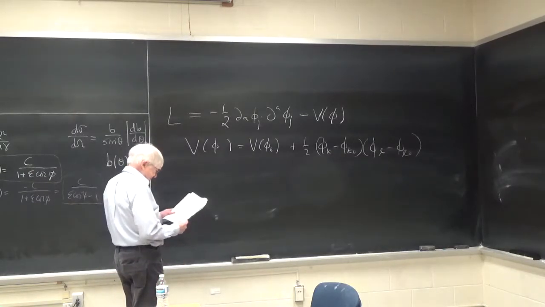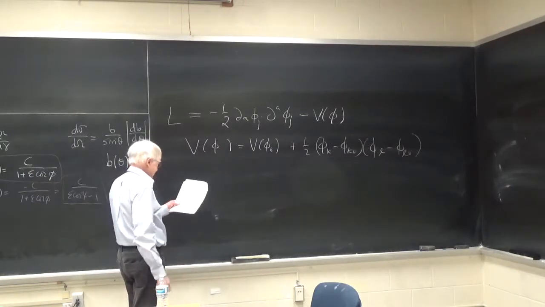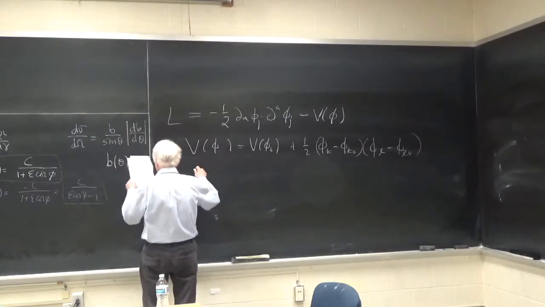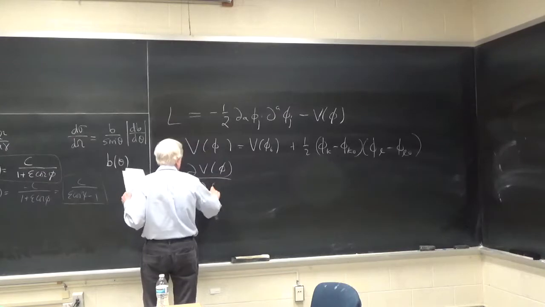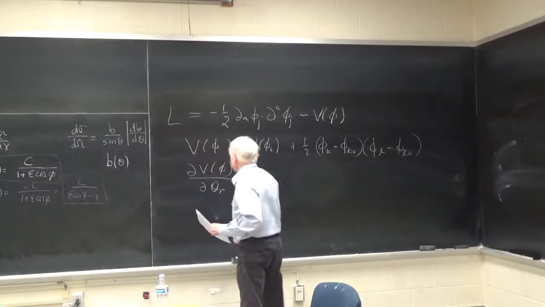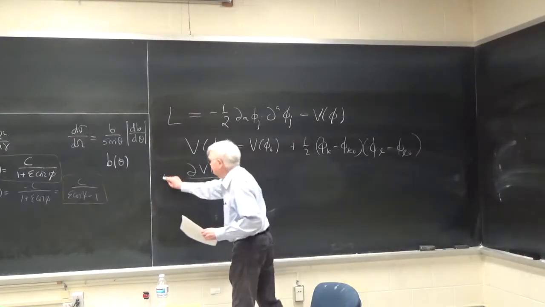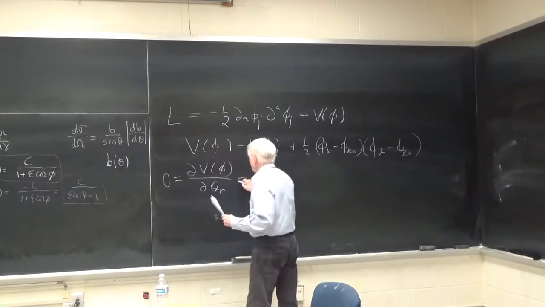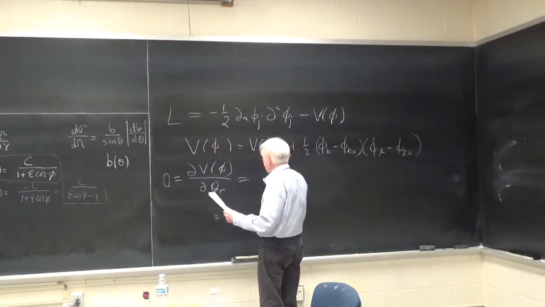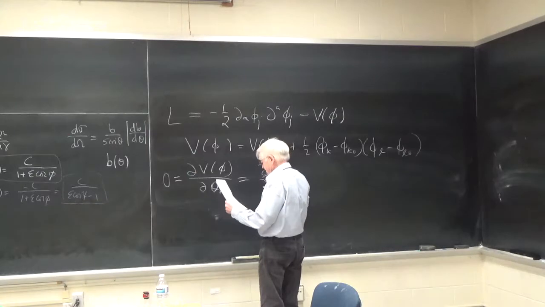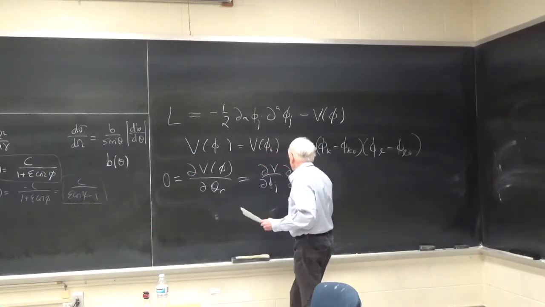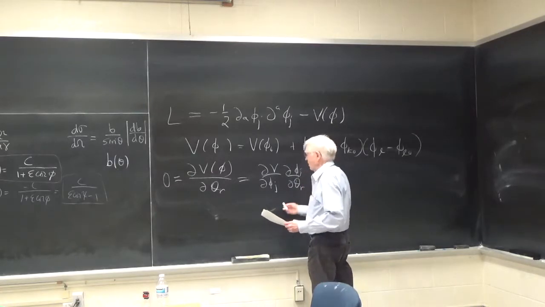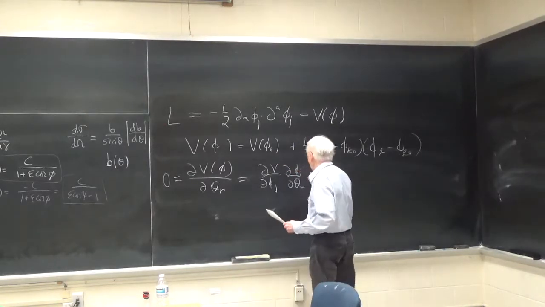Well, let's see, it might be easier just to prove the whole thing from scratch. Because of symmetry, the potential is independent of the parameters of the symmetry group, and so this is partial v partial phi j, partial phi j partial theta r, theta r being the rth parameter.